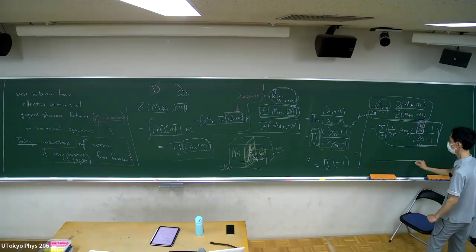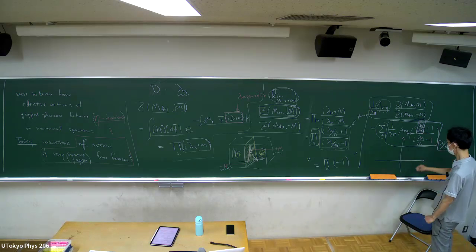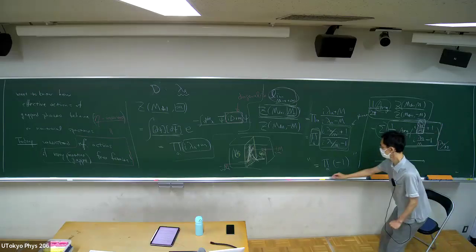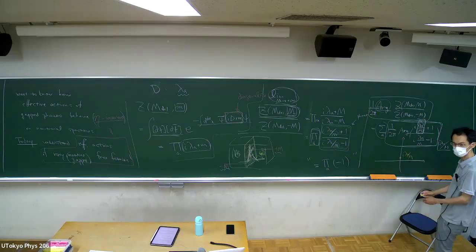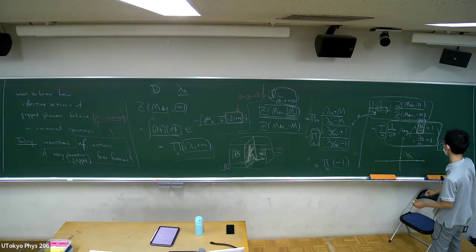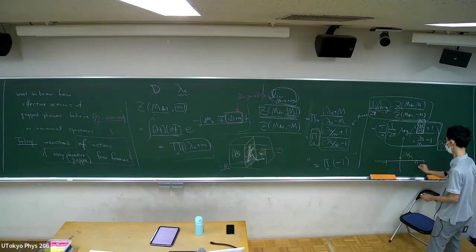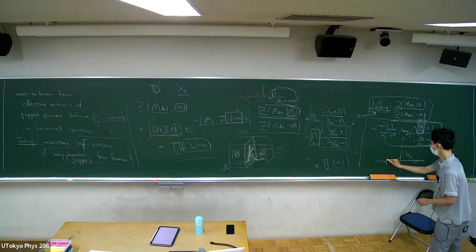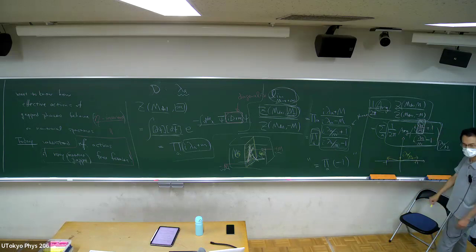So in the complex plane of lambda a over m, what you have is a very small I lambda a over m, and you have minus 1 and plus 1. So this ratio is this one divided by this one, right?